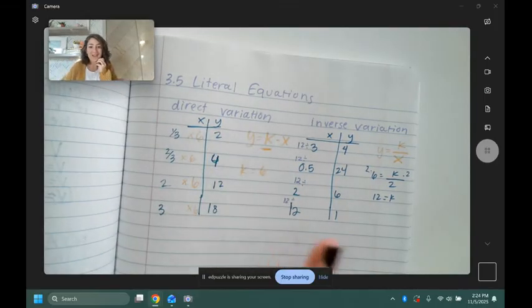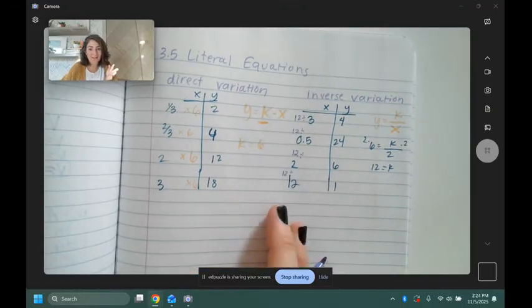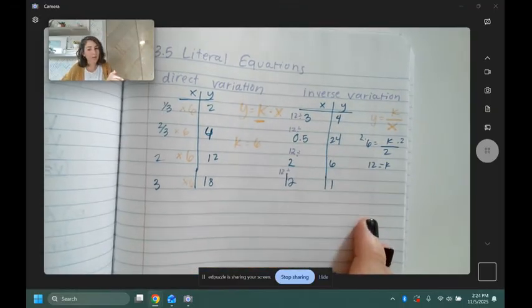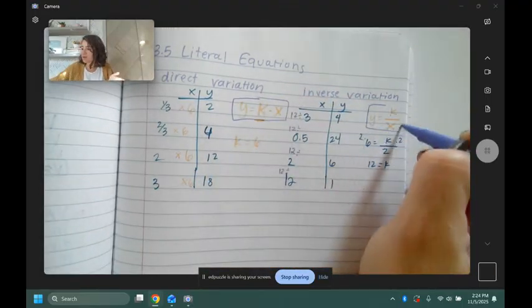So these are inverse variations because I've got something divided by the X value that gives me the Y. And these are the two things to remember.